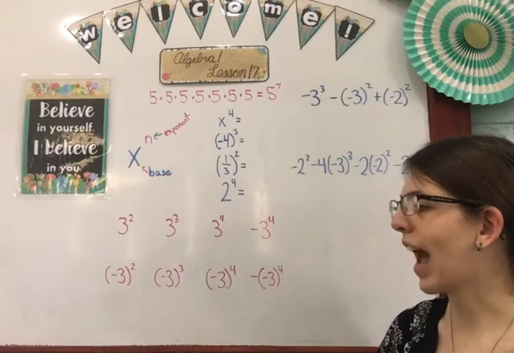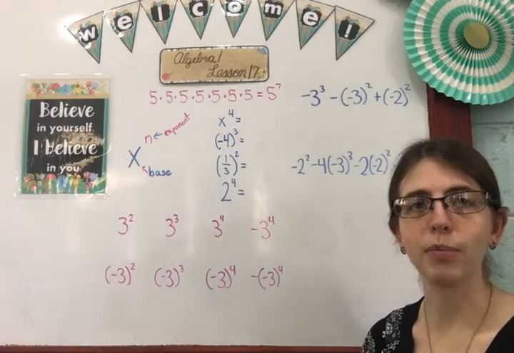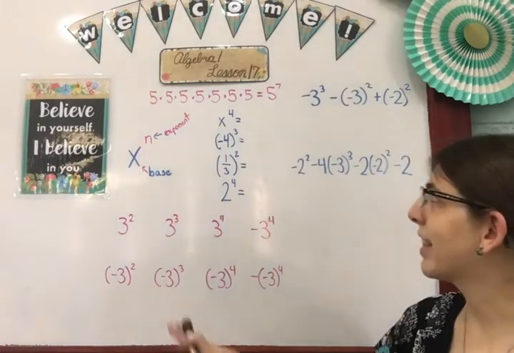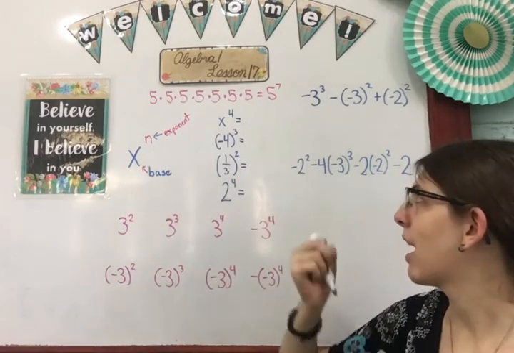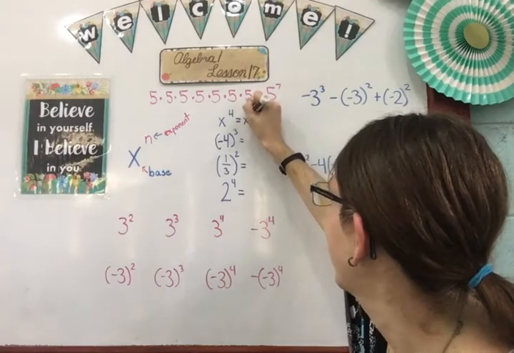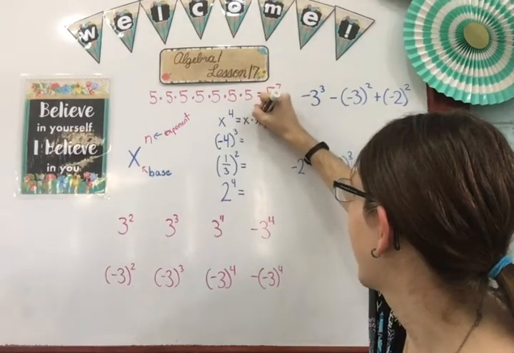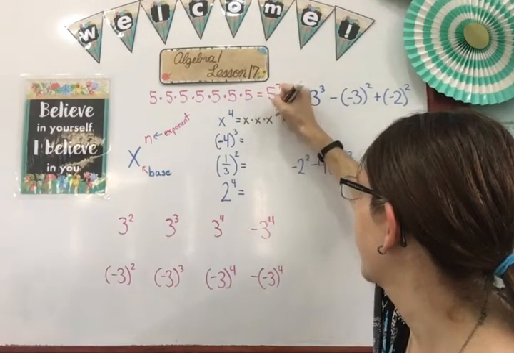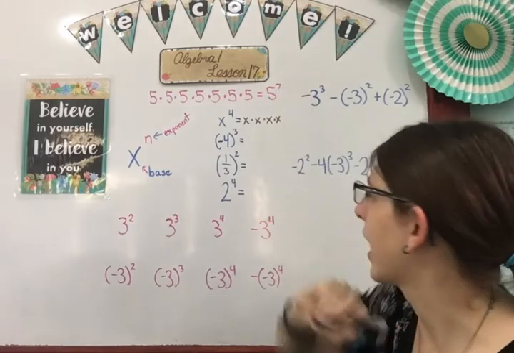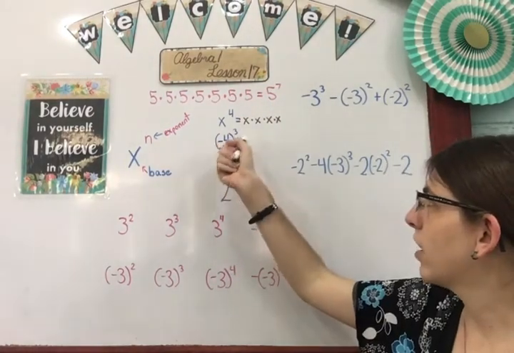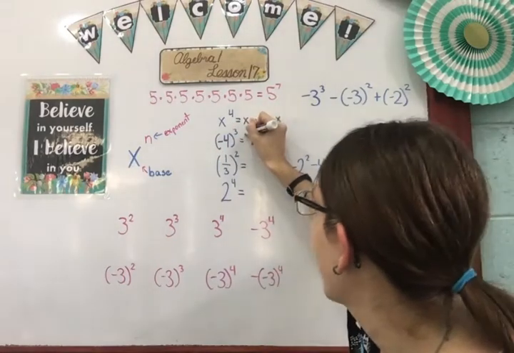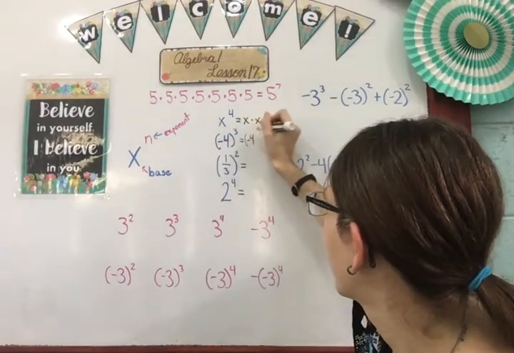So when I'm writing out my problems that have exponents, they'd be written like this. Here I have x to the 4th power. That would become x times x times x times x. I have x 4 times. Negative 4 to the 3rd power. Notice I have that in parentheses. We're going to talk about that more in a little bit.